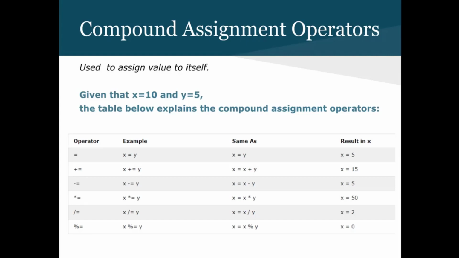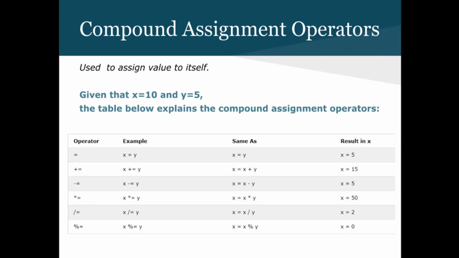Here we're going to take x and multiply it by y. As you can see, x equals x times y. The result of 10 times 5 is 50. All right. And then divide equals: x equals x divided by y. Well, that now is the value of 2. X is now the value of 2.